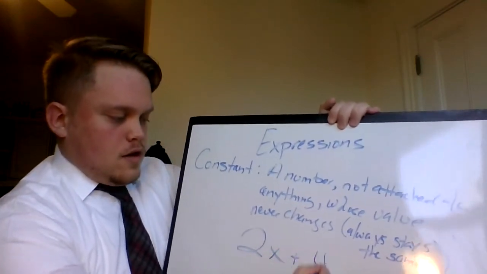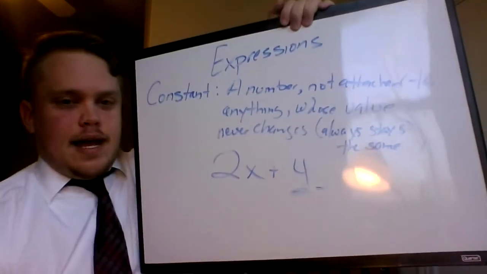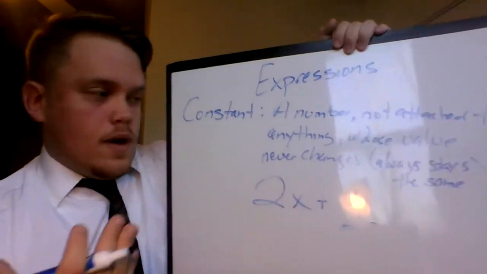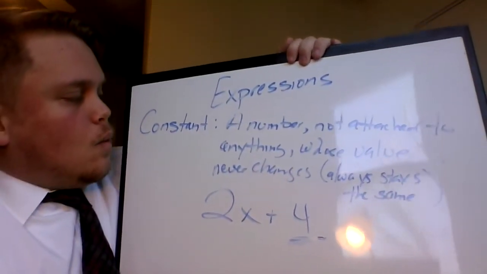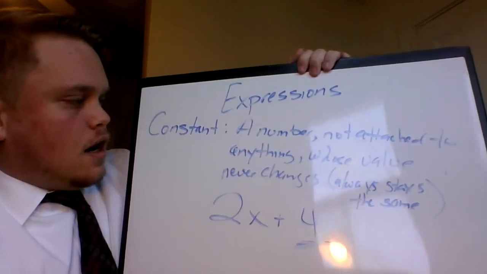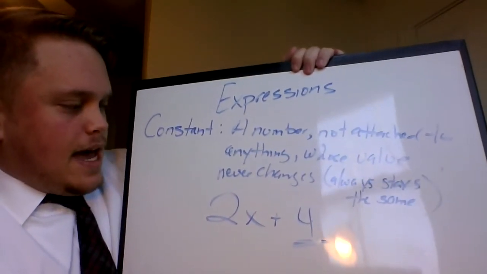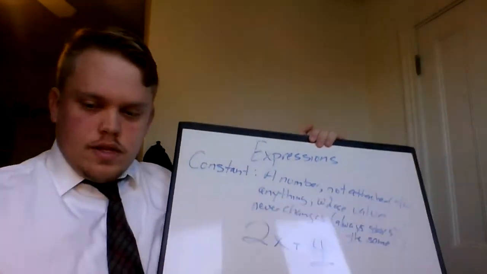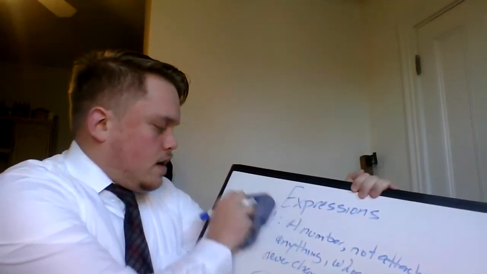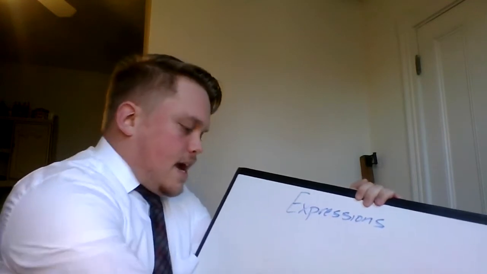Okay? So I put it back to 4. Now the constant is back to being 4. Okay? So that leaves one more piece of the expression that we haven't talked about yet. And that would be this 2 here. So let me get an eraser over here. Hope you wrote that down.